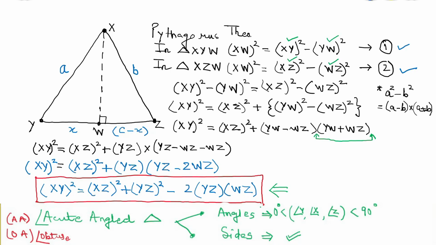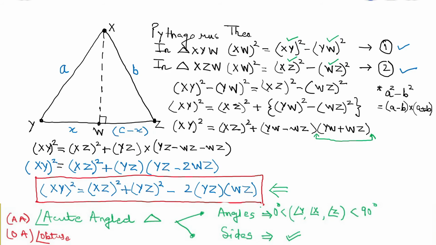So one is with the help of angles we find out whether the triangle is an acute angle triangle, and the other is we find it out with the help of sides. If we have to find it with the help of angles, if angle y, angle x and angle z, each of them is greater than 0 degrees but lesser than 90 degrees, in that case it is an acute angle triangle.